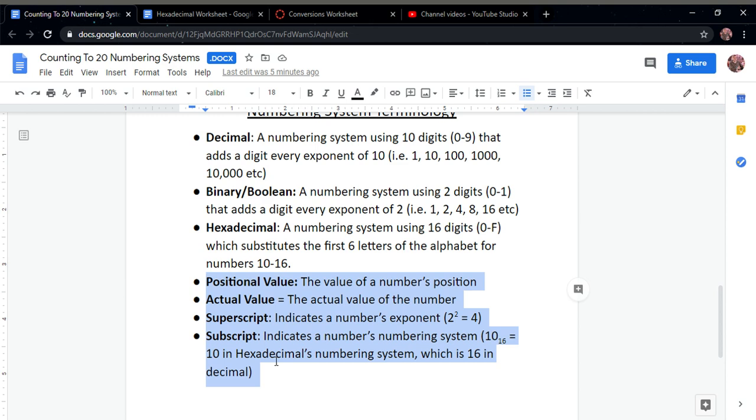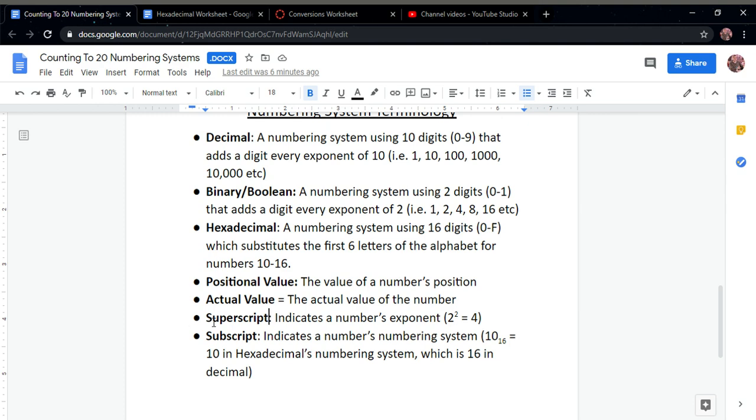And you multiply the two together, 1 times 1 is 1. But if I have a 10, then the positional value of the 1 is actually 10, and the actual value is 1. So 10 times 1 is 10. If I have a 20, then the positional value of the 2 is still 10, but the actual value is 2, so we multiply 10 by 2 to get 20. We're going to go over that down below.